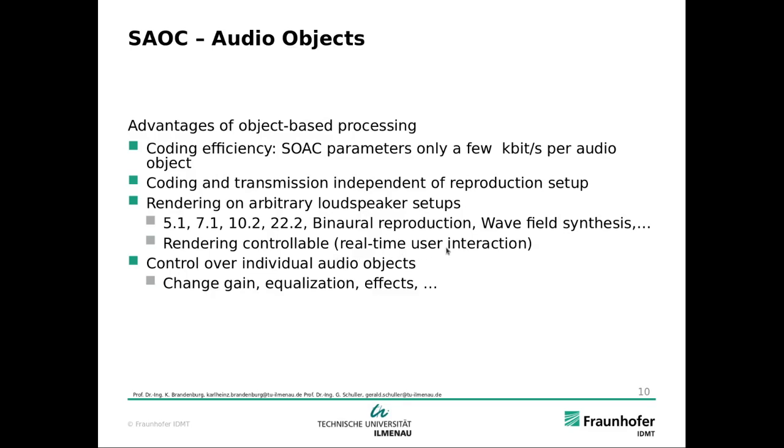For instance, if you have, say, a sports report, you can choose how loud the commentator should be or how loud the environment noise. So you can actually choose at home. That's a big advantage. You have control over individual audio objects in this way. You can change the gain, equalization, you can add effects, and so on. This is possible because you have more or less individual audio objects.